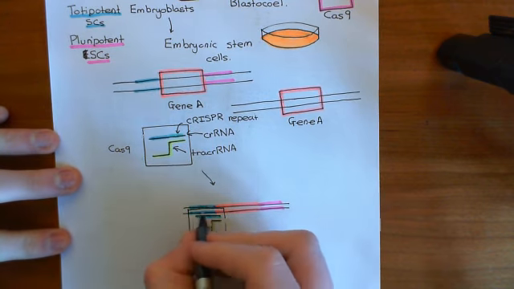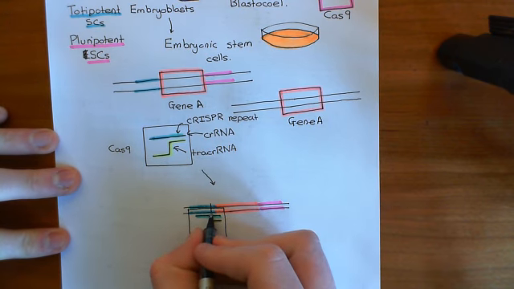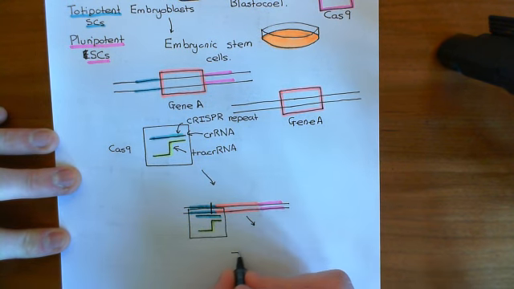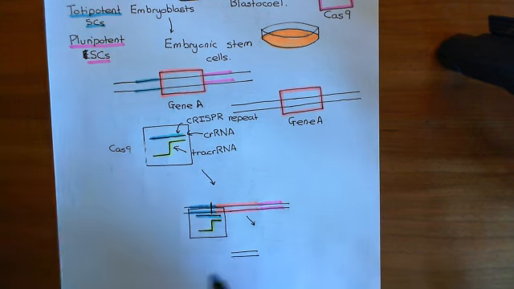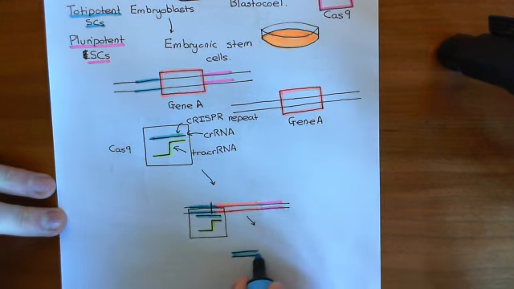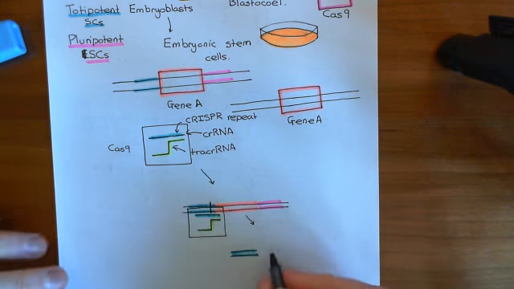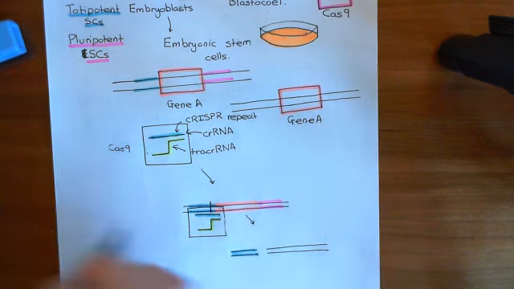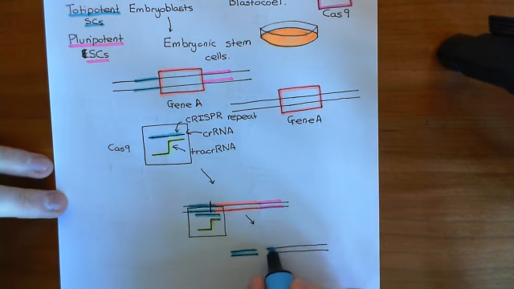Then the Cas9 enzyme will produce a double-strand break in the DNA, and hence what you'll end up with now is your broken end here in blue. You will now have cut off this portion here, so you break the DNA in half, like so.